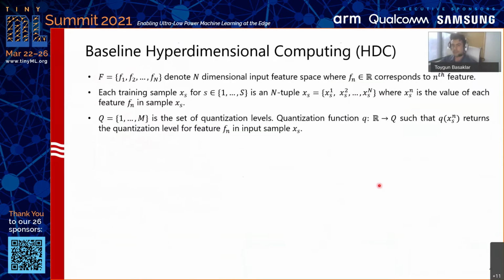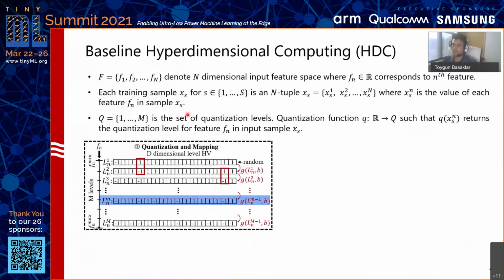Let F denote an n-dimensional input feature space, and let's say we have S training samples in our dataset, where each training sample X sub S is an n-tuple. The baseline hyperdimensional computing first uses the training dataset to identify the minimum and maximum levels for each feature, and then quantizes the feature space into M uniform levels.